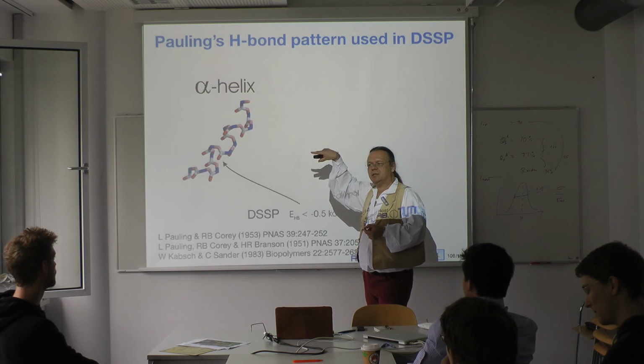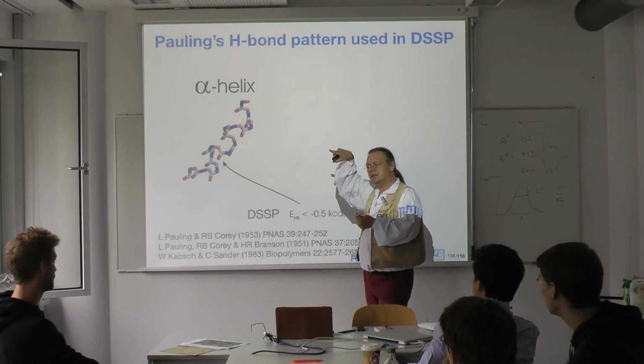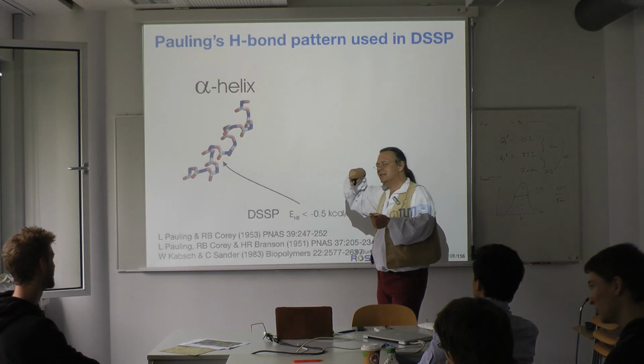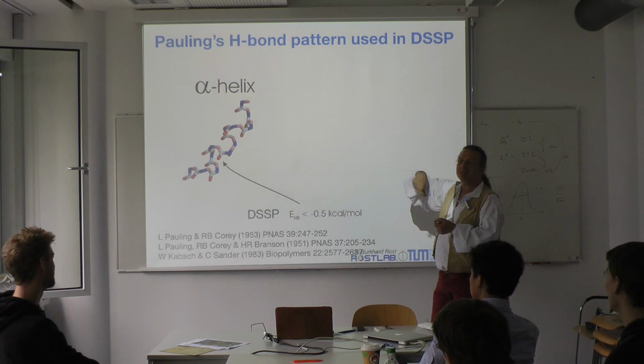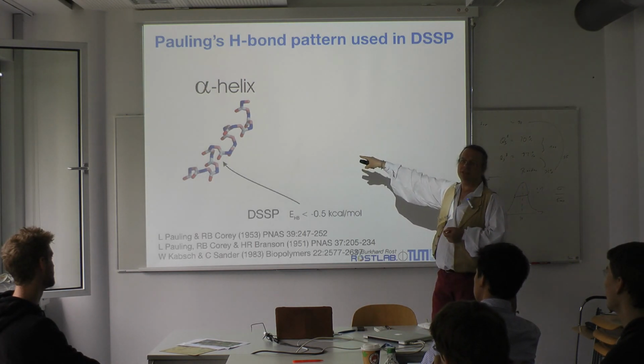Then, if you see these patterns, i plus 4, i plus 2, and i plus 5, no, 6, when you see these continued patterns of hydrogen bond formation, then you see it's a helix.